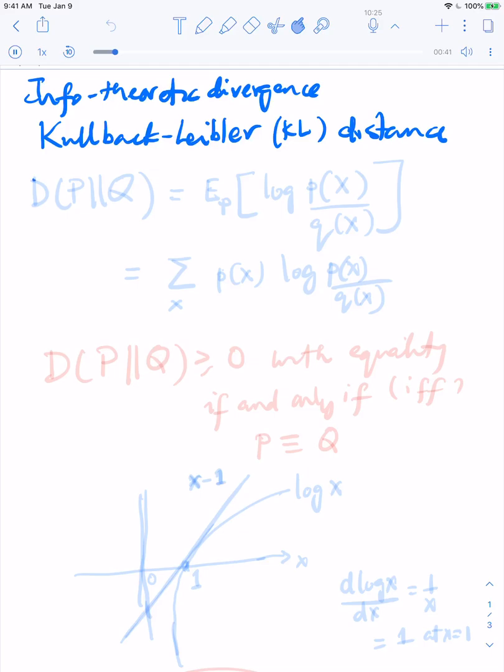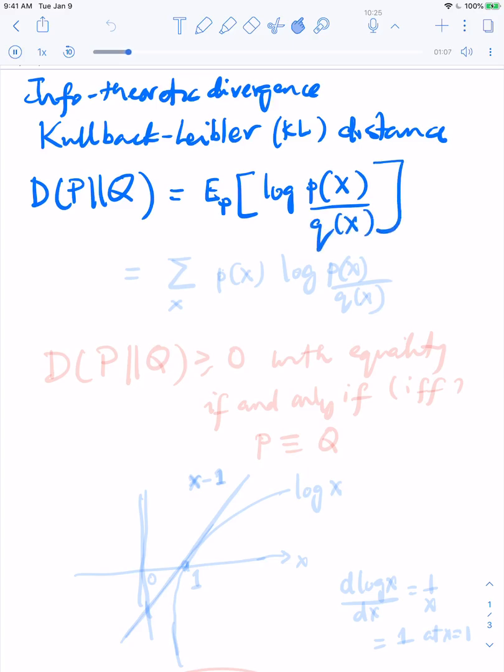And this quantity, I'm only going to write out in my notation for a discrete random variable when I write out the full expression. But this first definition is the expected value under the distribution P of the log of the ratio of the density of P to the density of Q.